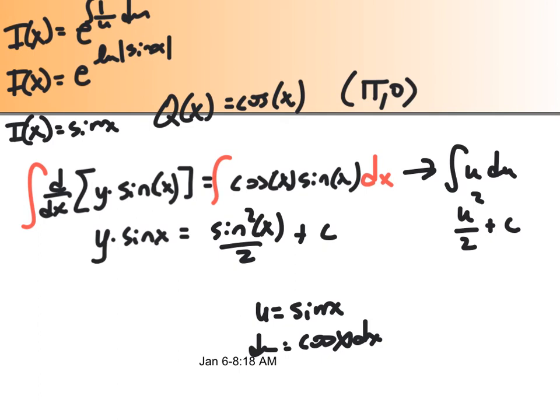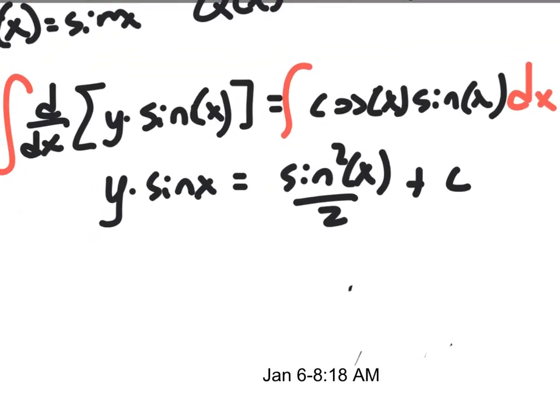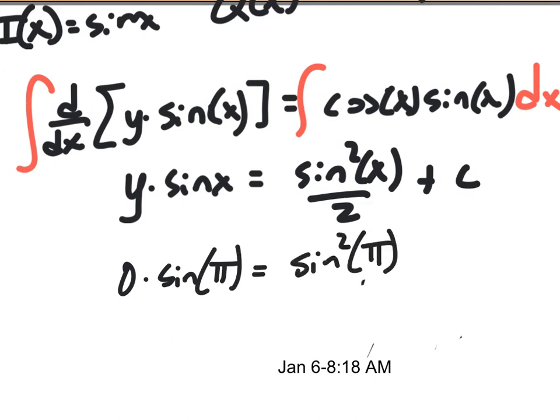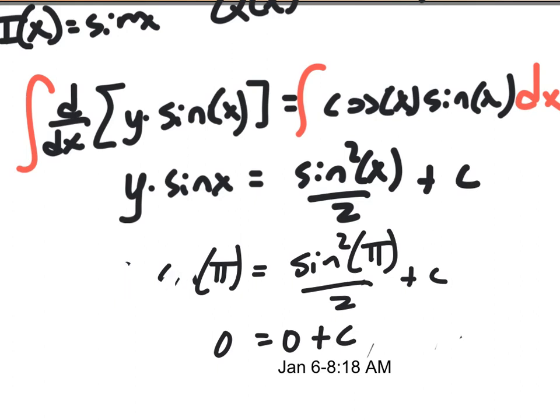All right, let's use our initial condition here to find out what c will equal. And let's see, so when x is pi, y is 0. All right, so I get 0 times sine of pi is equal to sine squared of pi over 2 plus c. Well, sine of pi is 0, so we get 0 equals 0 plus c. So c equals 0, so that's kind of nice.